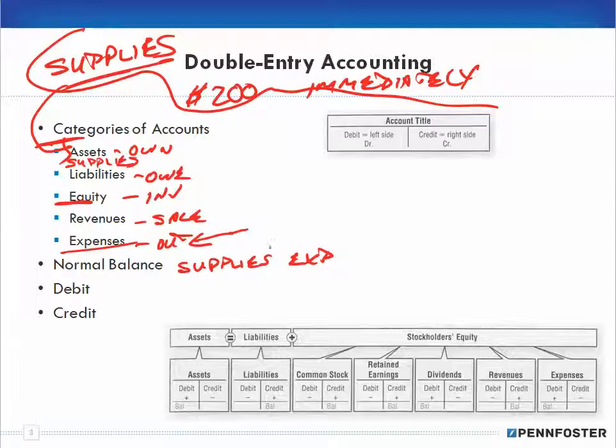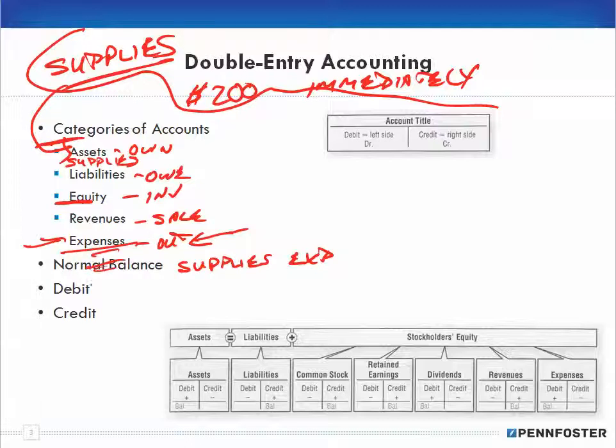So if you think about the category of account, is this something we own? Well, we're buying the supplies, but we're using them immediately in the operation of the business. Isn't that an expense? If you're thinking about assets, liabilities, equity, revenue, expenses, you have to come to the conclusion that this is an expense to the business, because it's in the operation of the business.